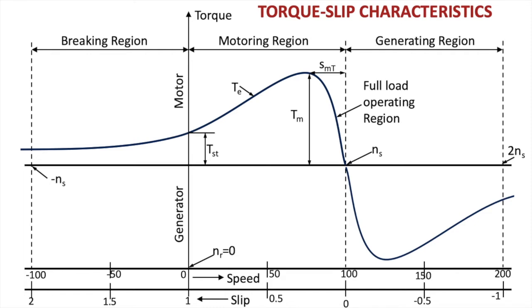Normally it is applied to stop the motor immediately. For the plugging application, the slip will be between 1 and 2 and the speed will be from 0 to minus synchronous speed, because if we don't stop the motor in between, the motor will start rotating in the opposite direction. That is known as plugging.